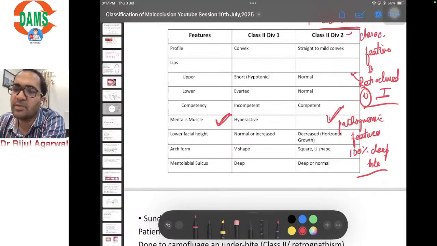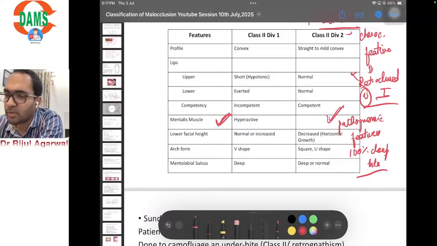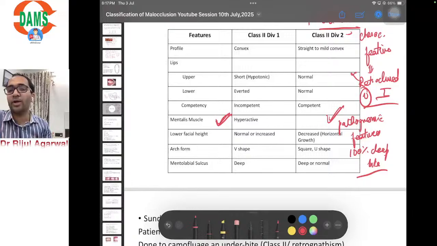That becomes the pathognomonic feature. Retroclined, deep bite, so the upper lip and lower lip become competent, normal. In div 1 the incisors are proclined, the upper lip becomes short, the lower lip becomes everted because of the upper proclined incisors, and the lips become incompetent, leading to a hyperactive mentalis muscle. Simple. It's like a story.